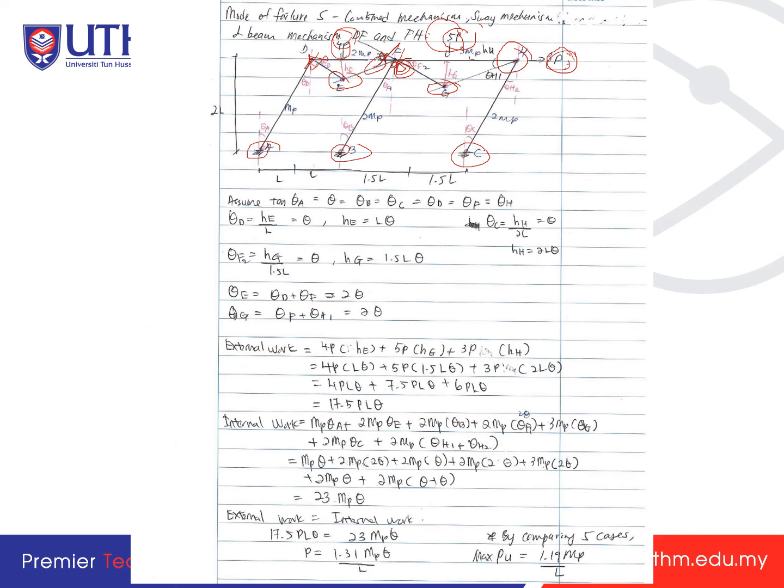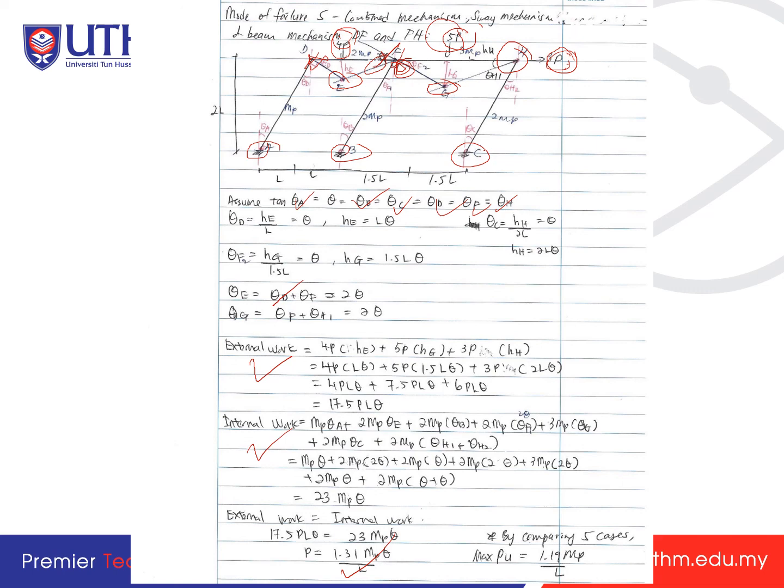And then here you will have one at H. So you solve theta A, theta P, theta C, D, F, H. You solve all the theta, and then you calculate the external work here. Because this is too long, we break it into external work and also internal work. So after you solve the external work and internal work, and then rearrange it, you will get P is equal to 1.31 MP over L.